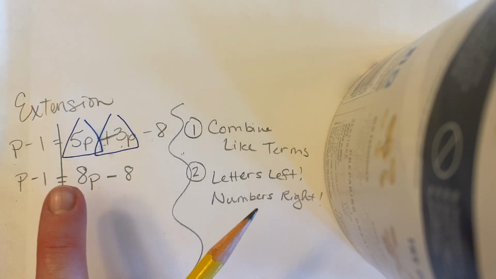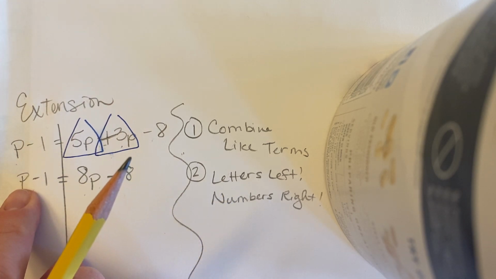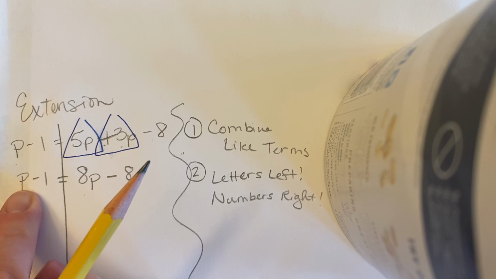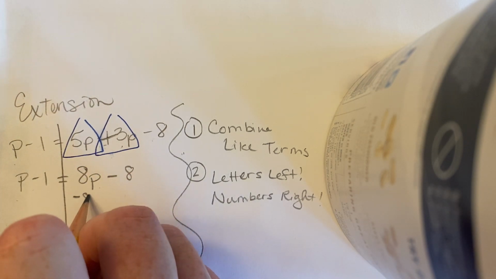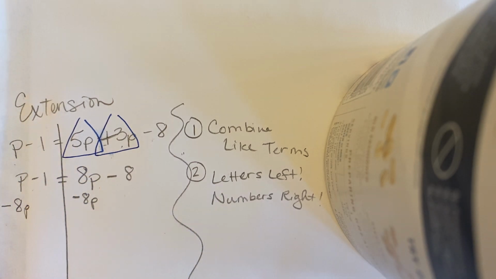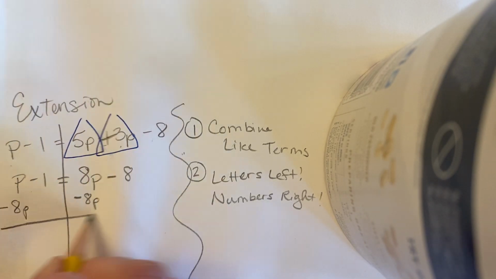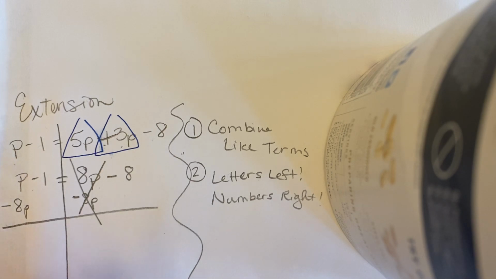So if I want to move this positive 8p off the right side to the left side, and I want to undo what has happened, I'm ready to subtract 8p. Subtract 8p from both sides. What that's going to do is cancel this guy off of the right side.